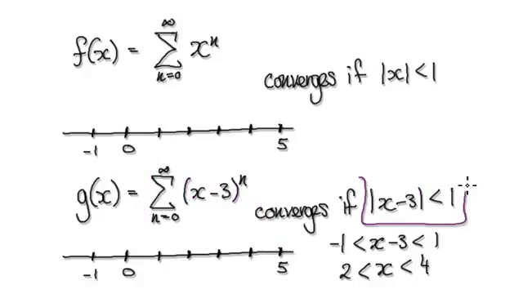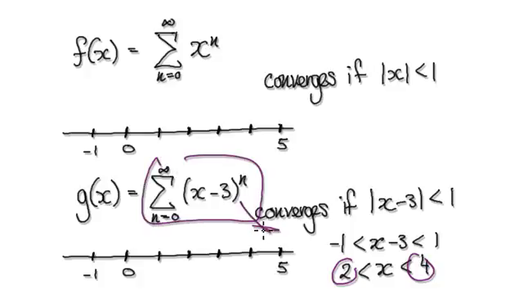So when you see this, you can always rewrite it as this, and then add 3 to this. That will then give you this. You see, when x is between 2 and 4, then your series will converge.